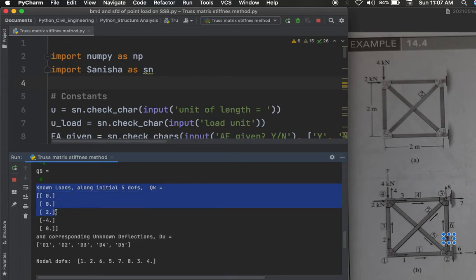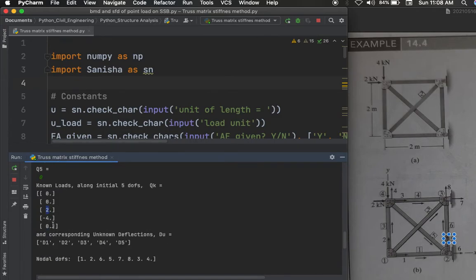So you can use this solution also in your assignment problems. Okay, so this is listing here the value of the known forces. So along direction 1 zero force, direction 2 zero, so I have put these values.